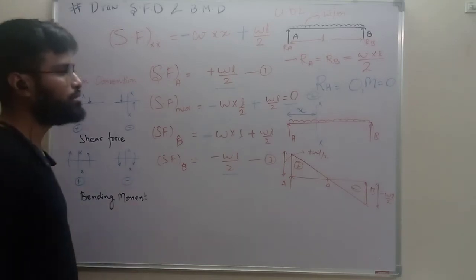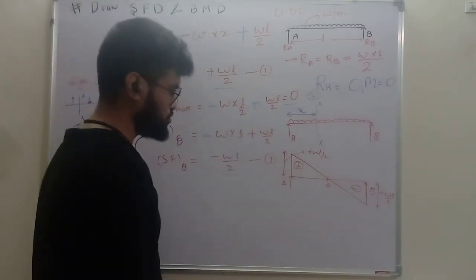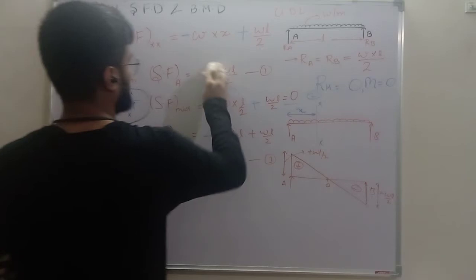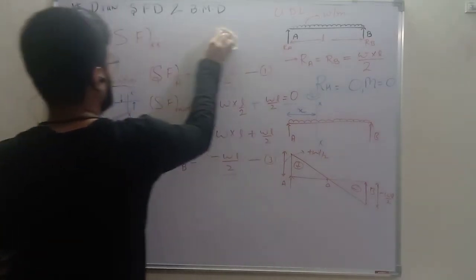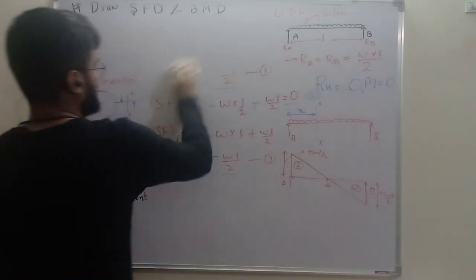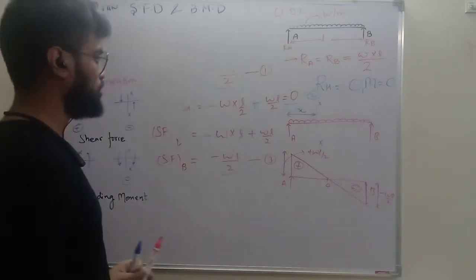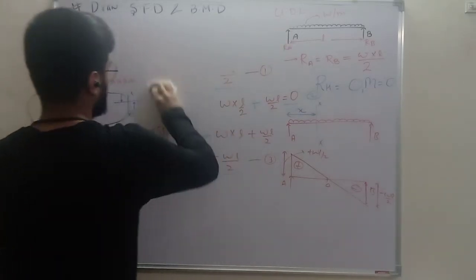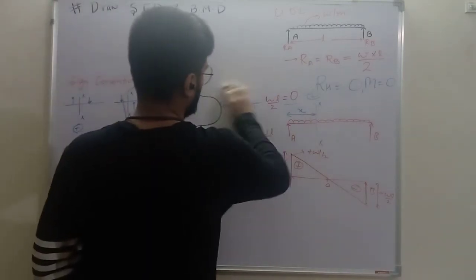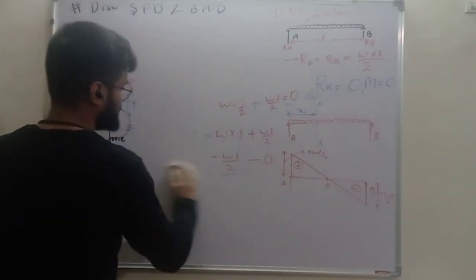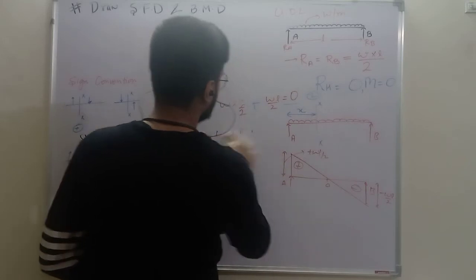Now we will draw the bending moment diagram for this same question. What we need to do in that case is first write the bending moment equation for that problem. As for drawing the shear force diagram we wrote the shear force equation, now we will write the bending moment equation.